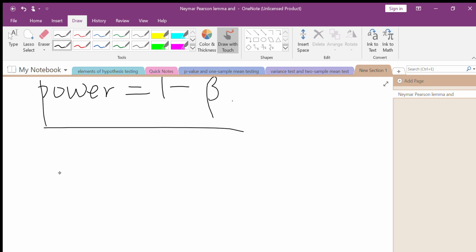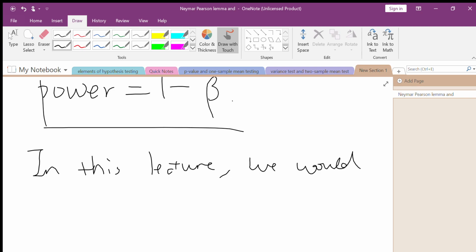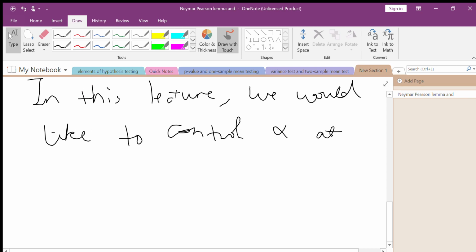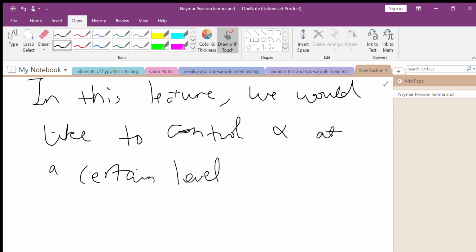Because in this lecture, we would like to control alpha, the type 1 error, at a certain level, and then maximize 1 minus beta.